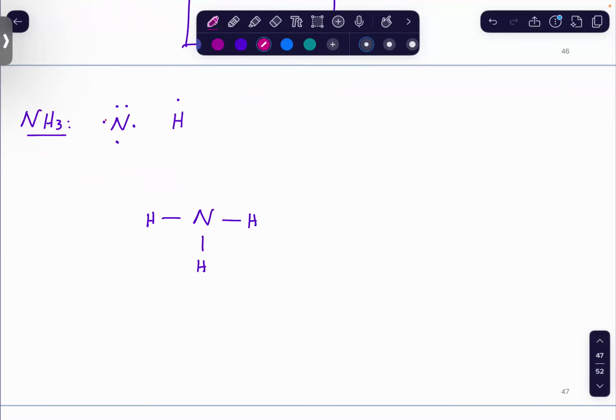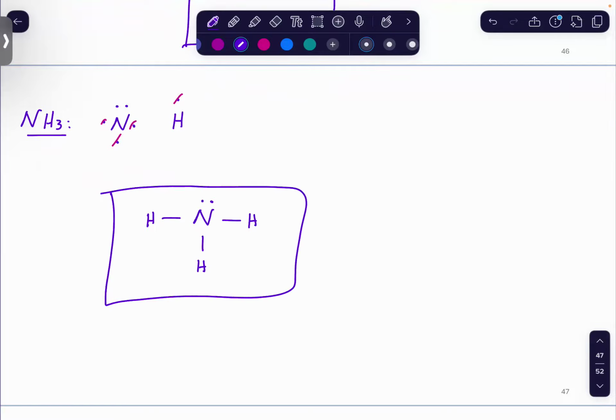And so let's see, nitrogen used its three single bonding locations. Each hydrogen used its one. Nitrogen then has a lone pair left, and so that's your actual completed Lewis structure, because again, each hydrogen has its two, nitrogen has eight.